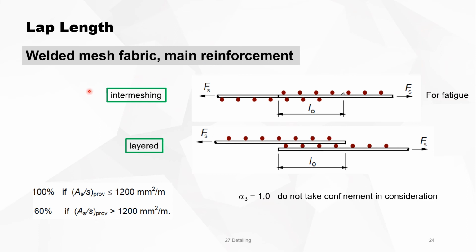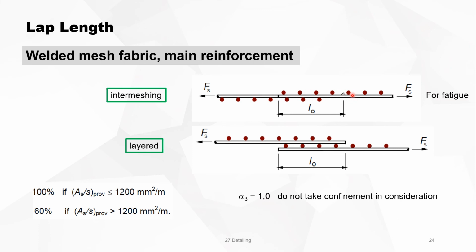When you're using a welded mesh fabric as a main reinforcement, then you can have a lap length by intermeshing. It means that you put two meshes, one on top of the other, but you turn it around so that one rebar is laying in the same layer as the other rebar.